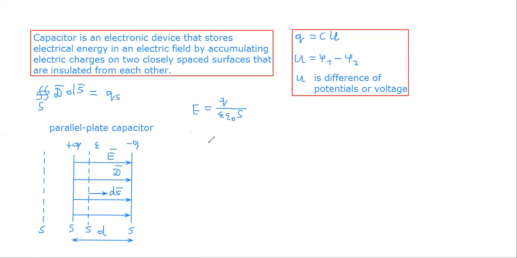It can be done by the formula: voltage U is equal to the integral from 0 to d, where d is the distance between plates, of vector E dl.